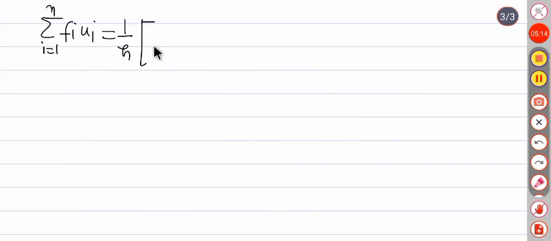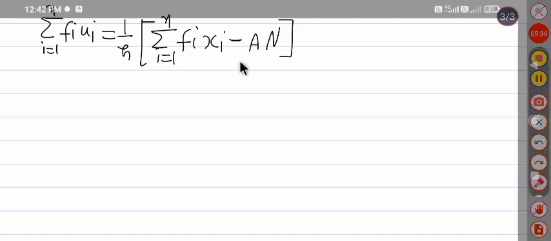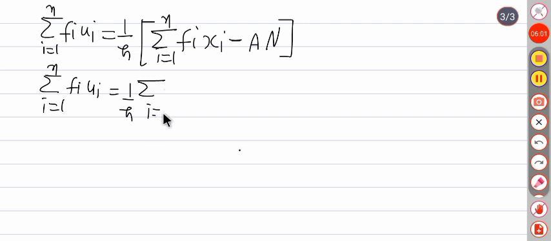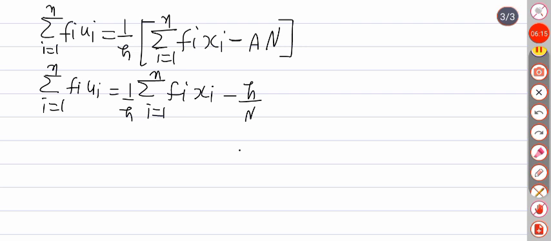So 1 upon h times summation from i equal to 1 to n of fi xi minus a N. Now multiply by 1 upon h, so summation of fi ui is 1 upon h summation of fi xi minus a N upon h, not n but h.